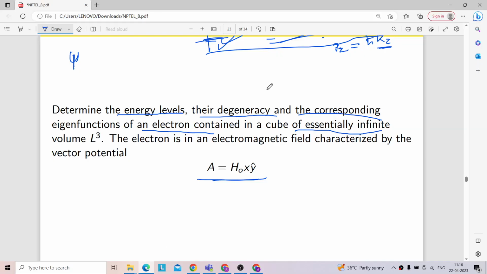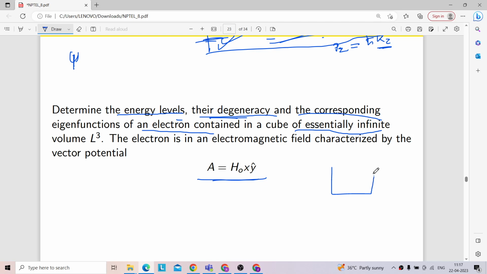Okay, so the question says determine the energy levels and their degeneracy and the corresponding eigenfunctions of an electron contained in the cube of essentially infinite volume L cube.